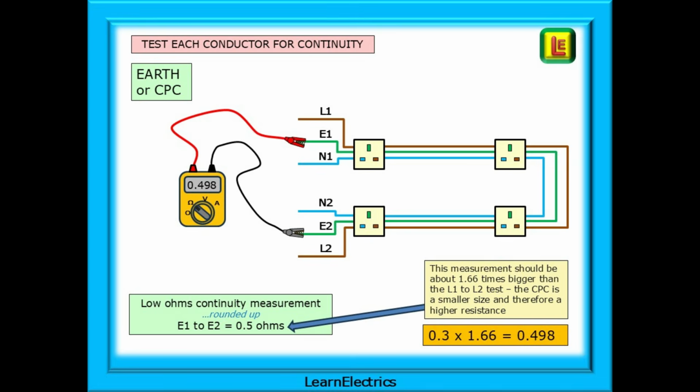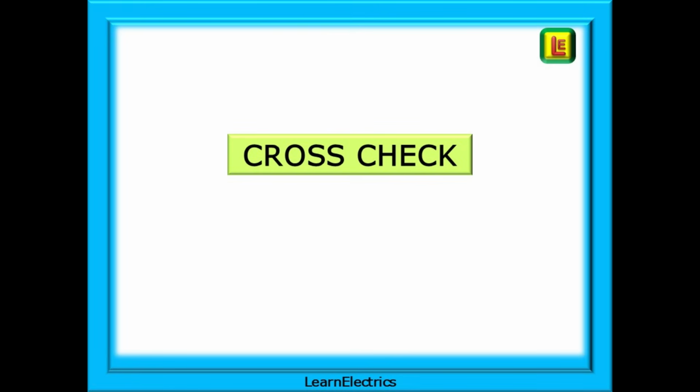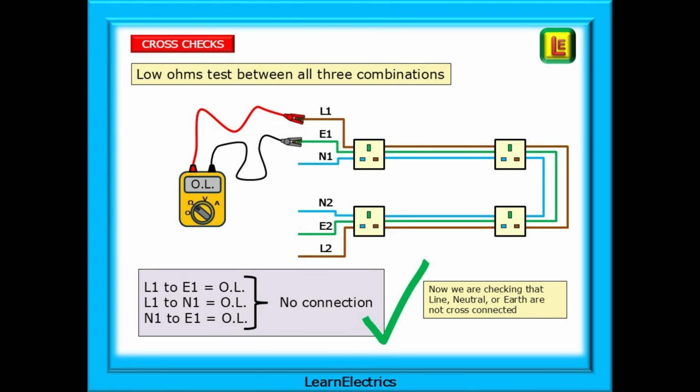Having established that each conductor is individually continuous, we can now move on to the cross-checking between the different conductors. Low ohms test all three permutations of conductors. In a healthy, fault-free circuit, as shown here, there should be no connections. Everything should read open circuit, high ohms or OL.